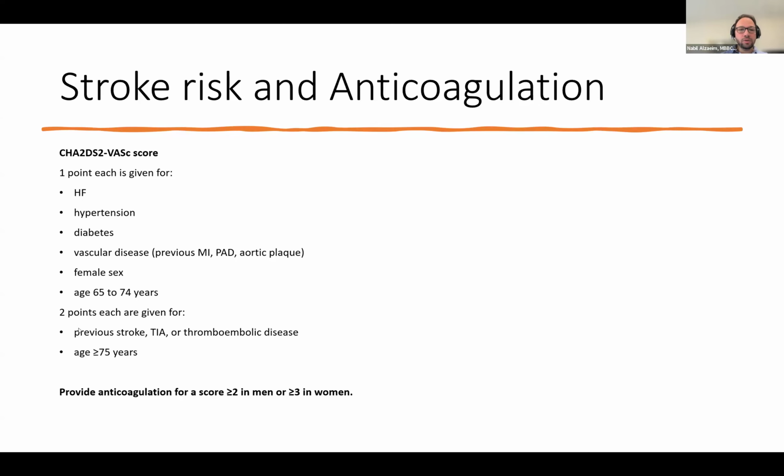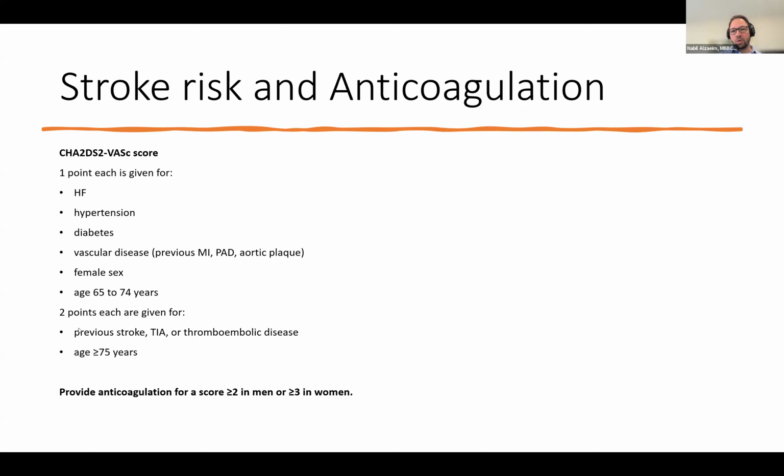So we calculate this score, and if the score is 2 or more in men, that patient needs anticoagulation. In female, if the score is 3 or more, we'll do anticoagulation. And of course, warfarin should be used for anticoagulation in patients with valvular heart disease or rheumatic disease.